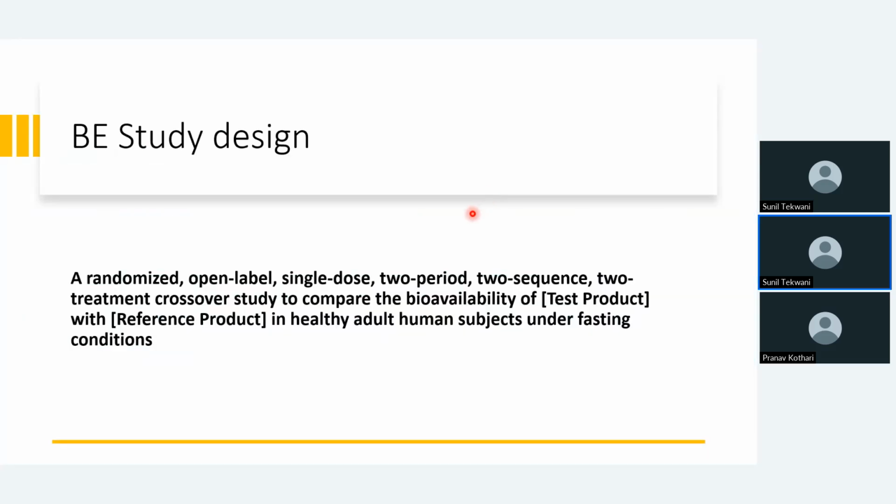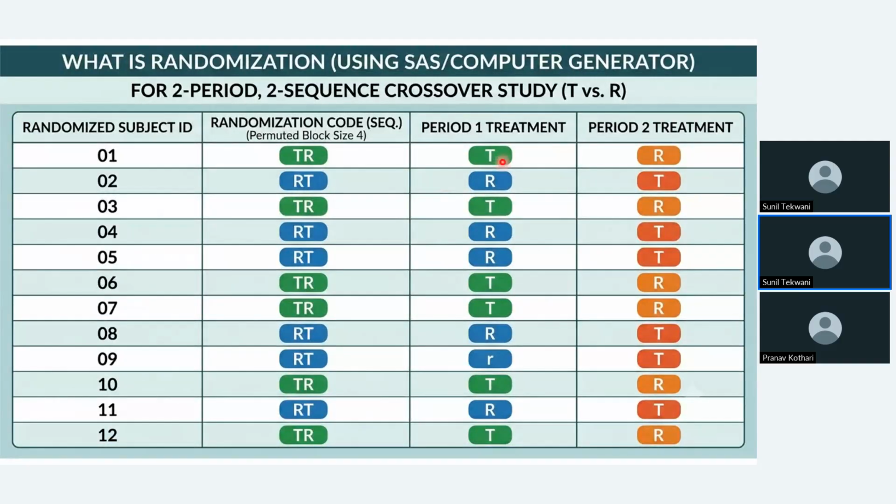Another term is two treatment study. There are two treatments. Same subject is receiving test product also, reference product also. It's not that we are giving only test product to all subjects, and in another bio study, in a separate study, we will give a reference product.